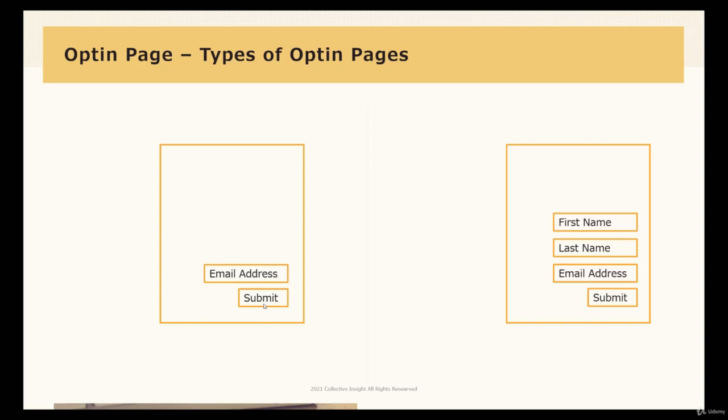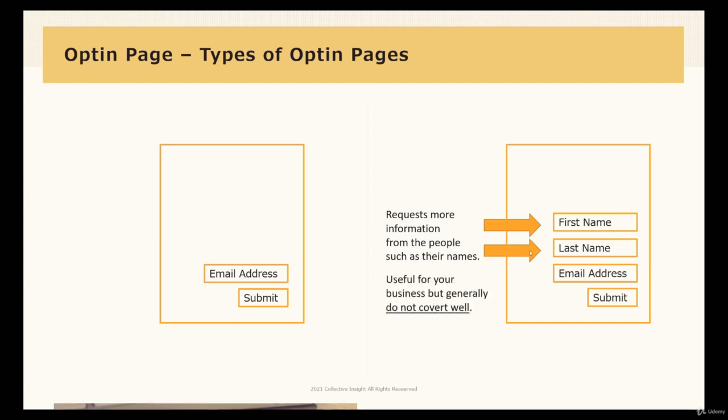Now let's talk about types of opt-in pages. We have a simple type with one email address input box and one submit button. And there's also another type that asks for a little bit more information from your subscriber, for example, their names. It's useful for your business to know the person's name, but sometimes this type of opt-in page may not convert as well as the one that's asking only for the email address, okay?